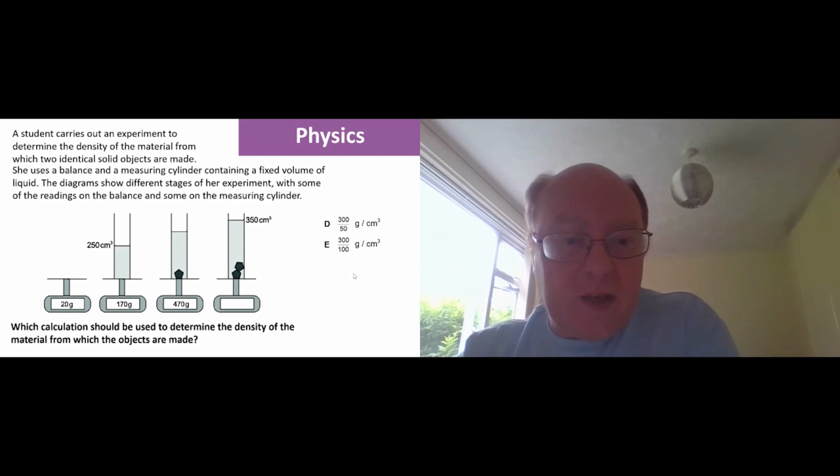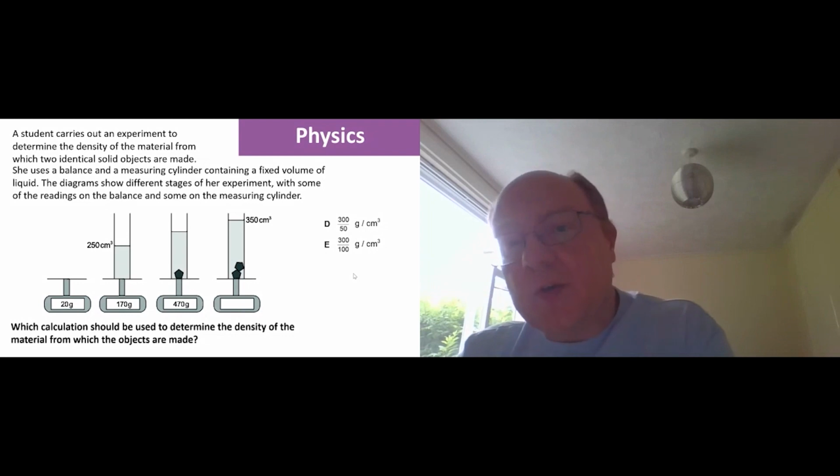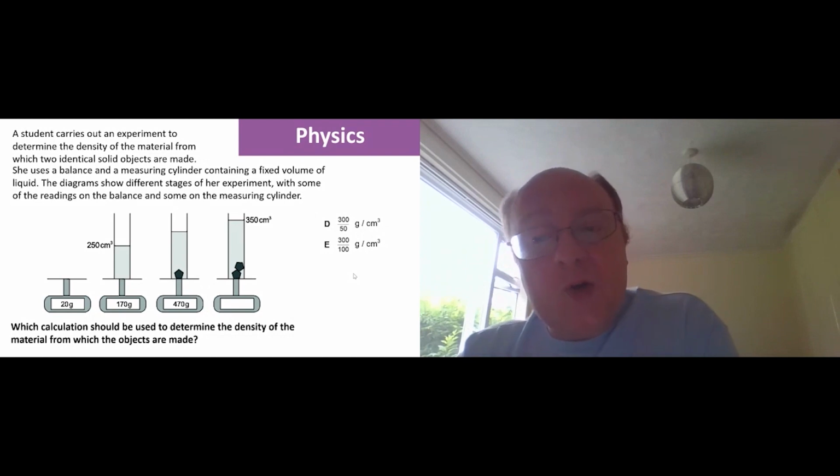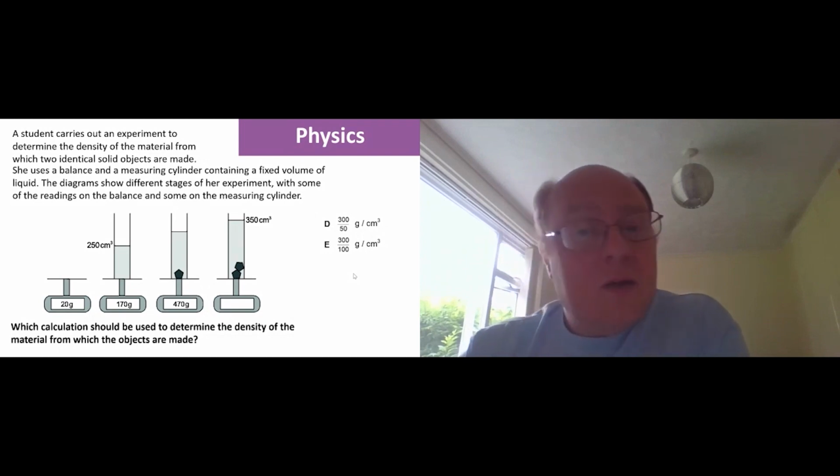We can see that in the second column, we have 250 cubic centimeters of water, whereas on the final one, it shows 350 cubic centimeters in the measuring cylinder. So we know that with the object in there, that's a volume of 100 cubic centimeters.